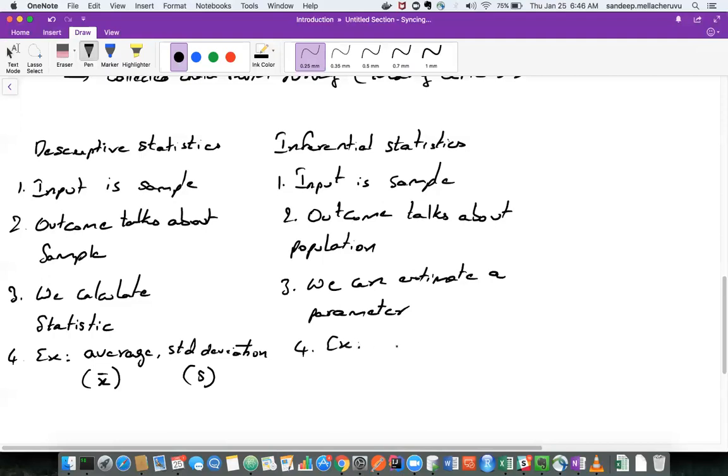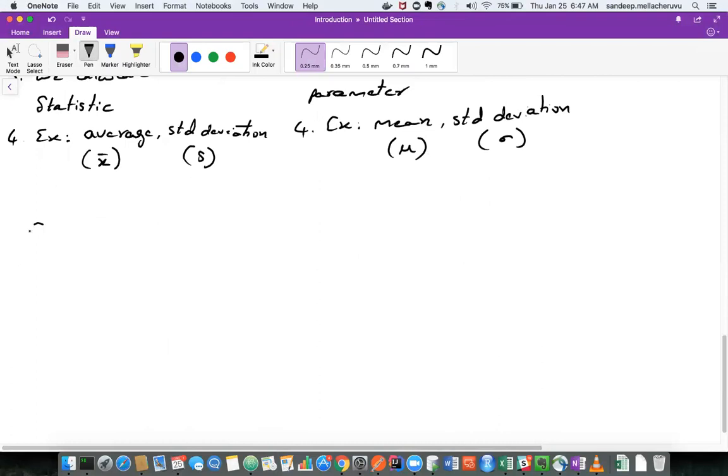Here the examples are the mean, which is denoted by mu, and the standard deviation, which in this case is denoted by sigma. Let me give you an example. Let's say I have population data like this: 1, 5, 7, 4.